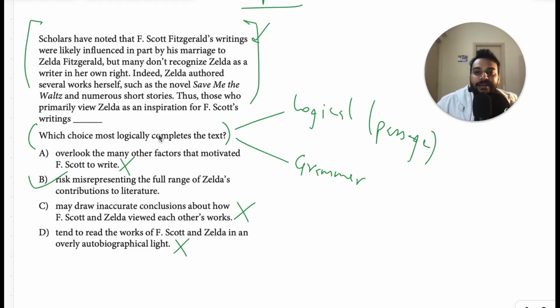The passage does talk about Zelda's contribution to literature, and it also talks about her influence on Scott's work. It also mentions that many don't recognize Zelda as a writer in her own right. So with all the information you have, those who primarily view Zelda as an inspiration will misrepresent the full range of Zelda's contributions. This is how we single out the right answer.